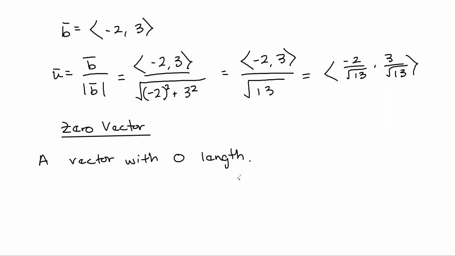This vector is sometimes interpreted to have any direction because it doesn't have any length. So it's a strange vector that doesn't really fit into anything else, but we can represent it. The zero vector is represented as (0, 0), like that. So it just has 0 components. So it has 0 for the length, and that means it can be interpreted to have any direction because the length is 0. So it's just a dot. It's kind of a strange exception.